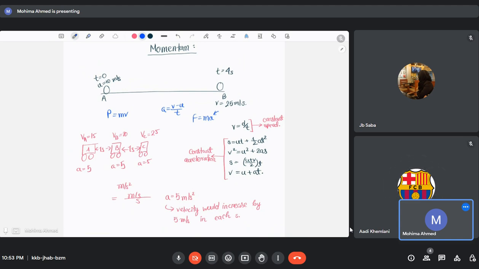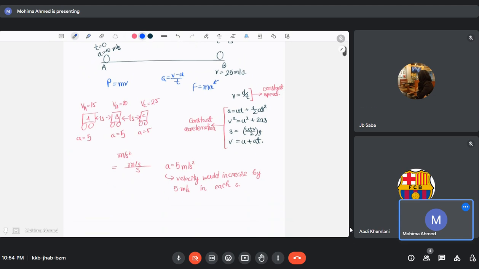Okay, I think that it's quite easy for Adi to cope up with me, but for Saba, are you not clear with the concepts of acceleration, constant acceleration, or uniform acceleration? Yes, it's clear. No, I mean, I'm asking if you have any problems with the basics of acceleration or velocity. No, I have no problem with that. If you have any problems, then you can ask.